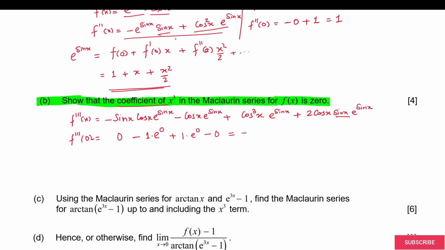So finally we got negative 1 plus 1, which is 0. So we can say from here the coefficient of x cubed in the Maclaurin series, which is actually f triple dash of 0 over 3 factorial, is going to be 0. That's the solution for it.